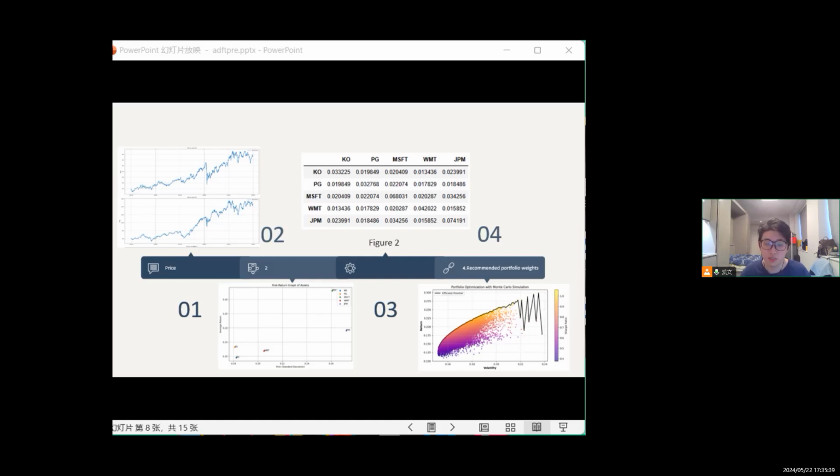The result is in the fourth picture. So if you prefer a stable portfolio, usually you should choose the point which has the max Sharpe ratio. And if you prefer to choose according to your own risk aversion, you should use the portfolio whose utility function output is the max.